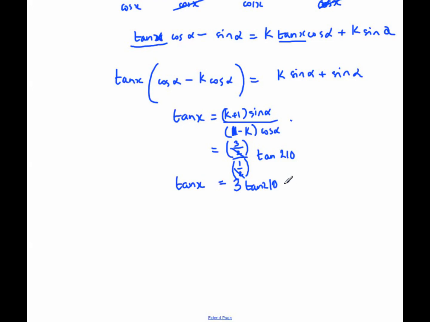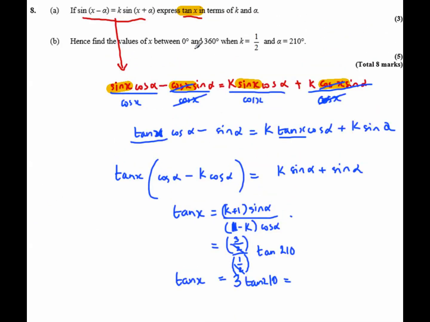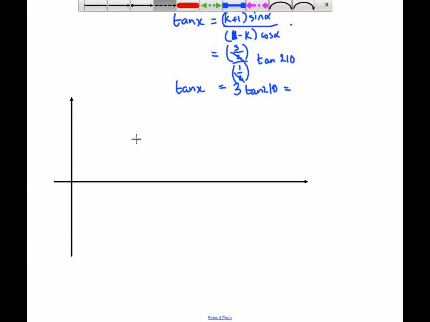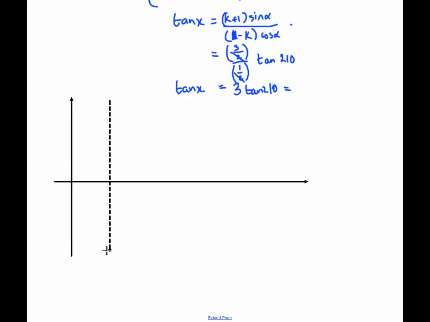So first of all, we can work out what tan 210 is, and this requires some knowledge of the tan graph. Now x is between 0 and 360, and so I think it makes sense to sketch out what tan looks like in those places. We've got some asymptotes for tan, which occur here, and there's another asymptote there, and then it's going to cross here.